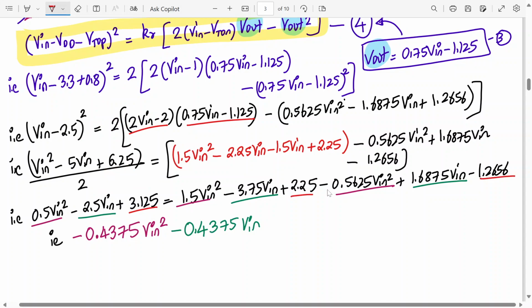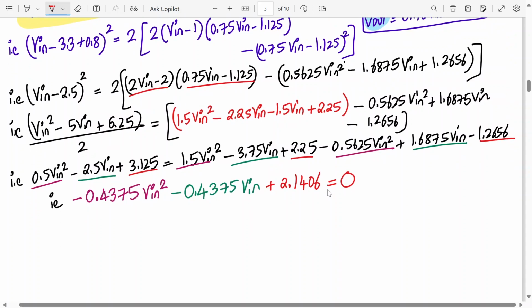So it will be 3.125 minus 2.25 plus 1.2656. So we are getting around plus 2.1406. Please check the answer. Now we'll solve this quadratic equation. Solve this quadratic equation, you'll get two values of V in. Let me know the values.